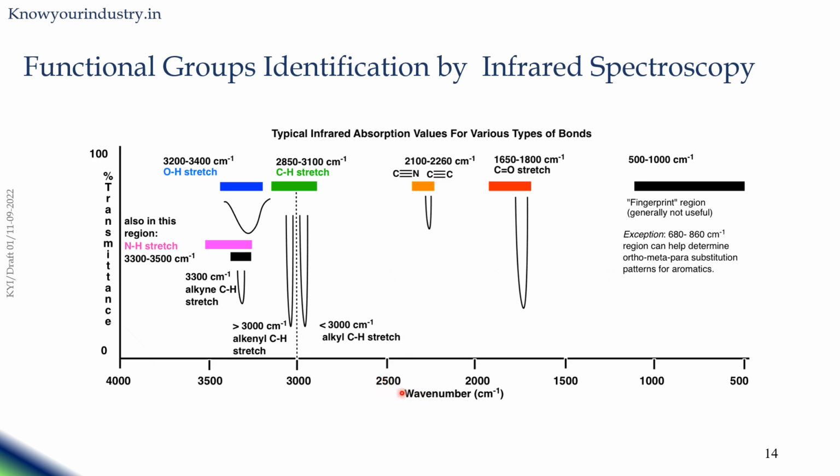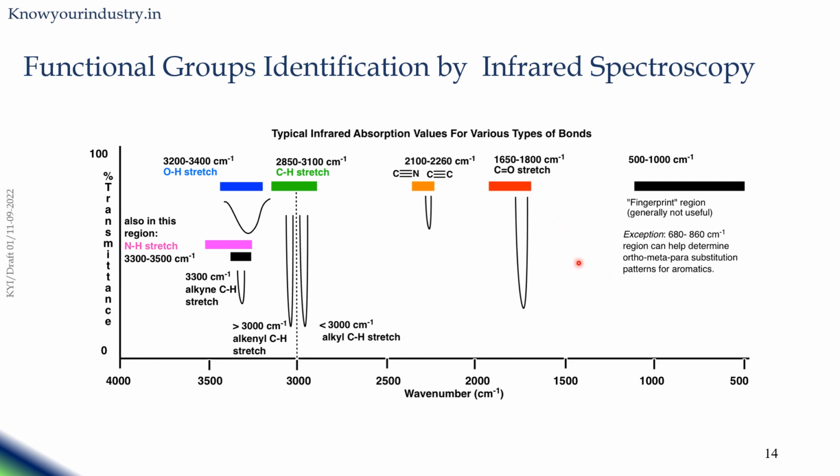Between 2500 to 2000, or approximately 2100 to 2260 cm⁻¹, you can see C≡N as well as C≡C. Around 1650 to 1800 cm⁻¹, you can see the C=O stretch.